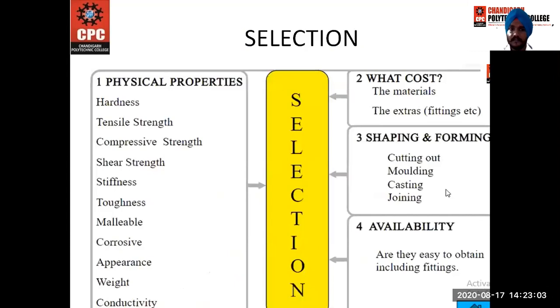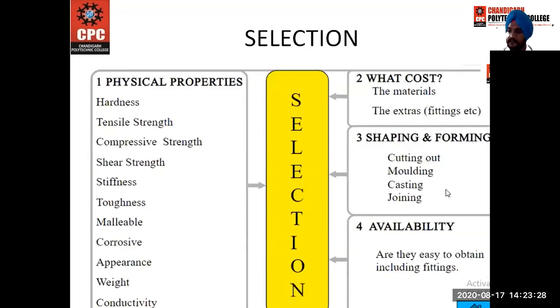Selection of material: first of all, physical properties like hardness, tensile strength, compressive strength, shear strength, stiffness, toughness, malleability, corrosion, appearance. These all are physical properties. And if you are selecting a material, it's very important to go through these kinds of properties. Second is the cost of the material.